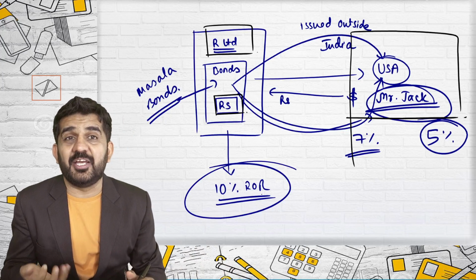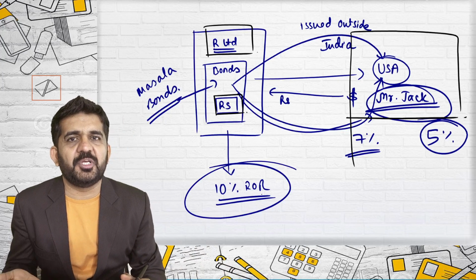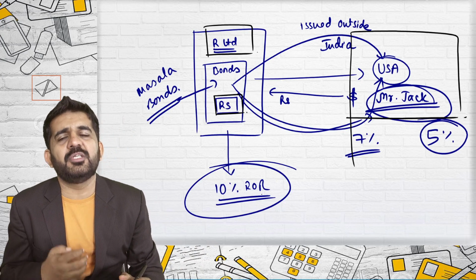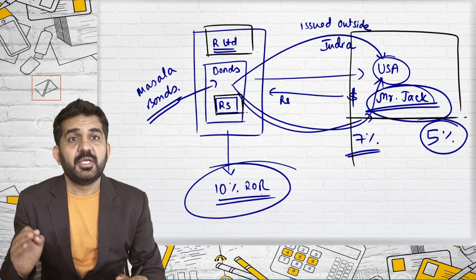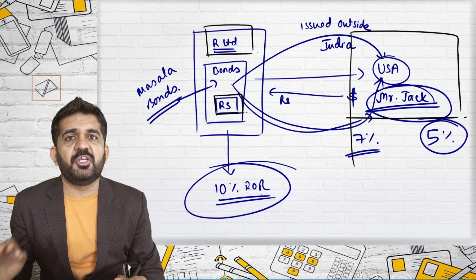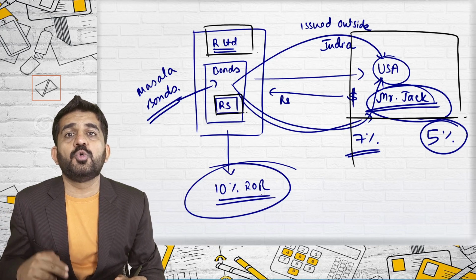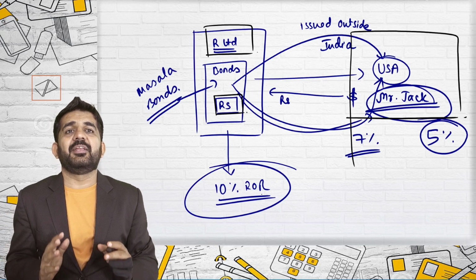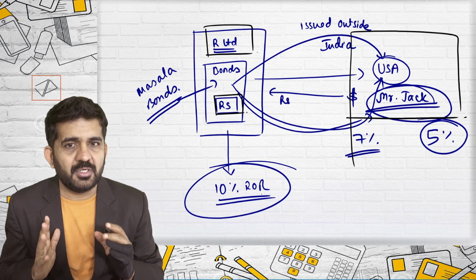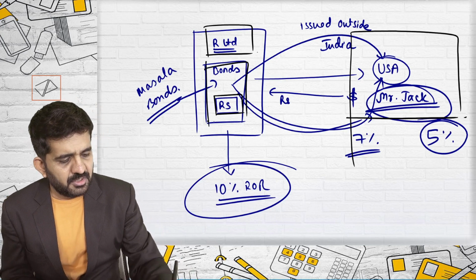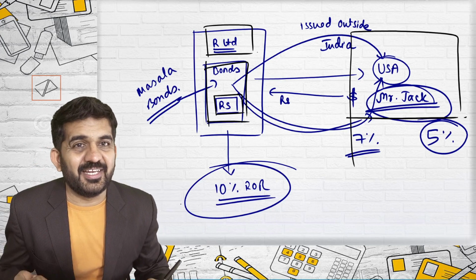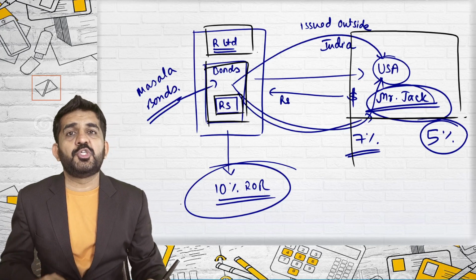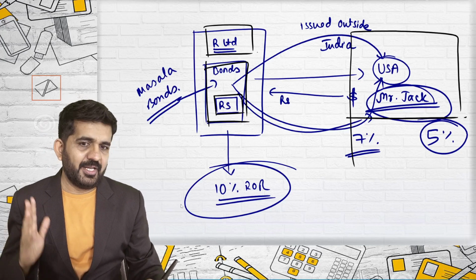They are not issued in India. If they are issued in India, denominated in rupees, they are Indian bonds and will be regarded as Indian bonds. An Indian bond denominated in Indian currency issued outside India will be treated as a masala bond.